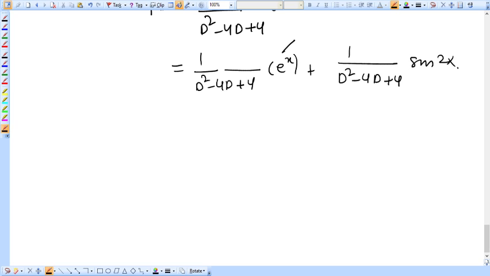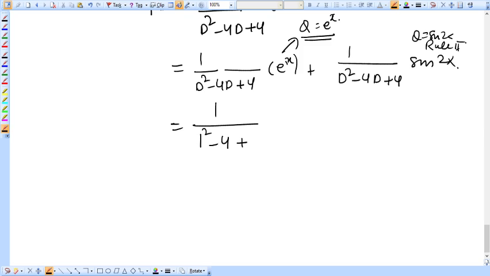So see here, q is equal to e^x, so we will be applying the first rule here. Here q is equal to sine 2x, we will be applying rule 2 here. So in rule 1 what did we used to do? We used to replace d by a. So do the same here: d square will be replaced by 1, so 1 square minus 4 plus 4 into e^x.